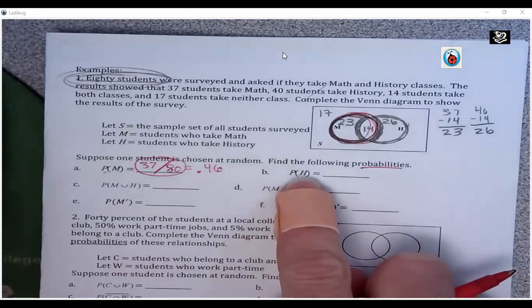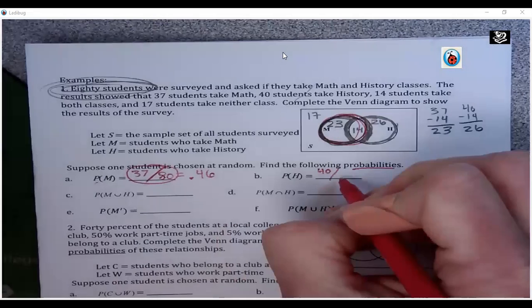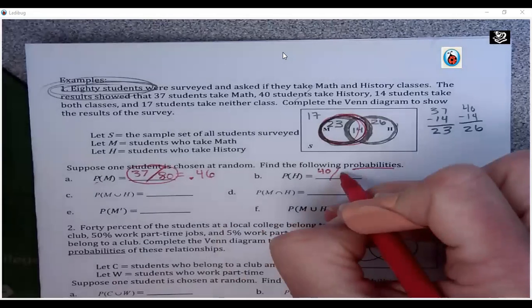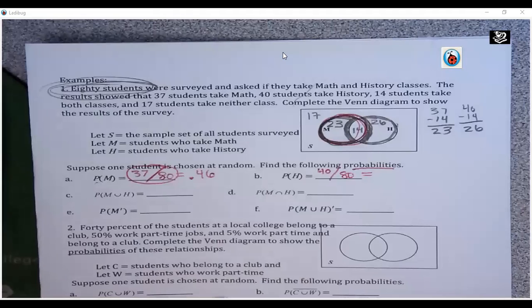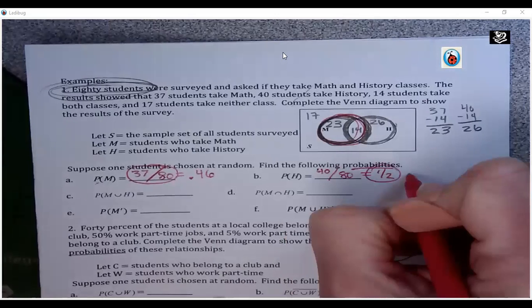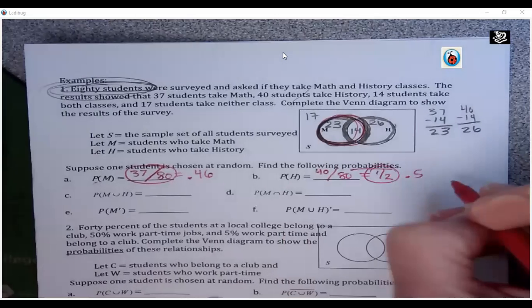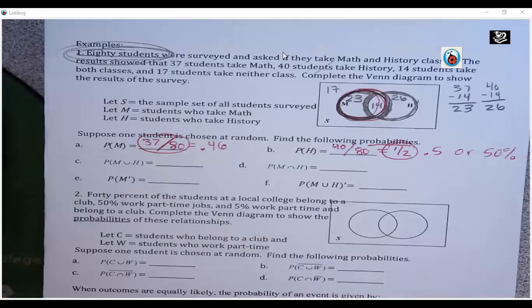Good. Out of how many? 80. Which does that reduce? 1/2. Okay. So half, or you could say 0.5, or you could even say there's a 50% probability. So there's a bunch of different ways to write your answers.